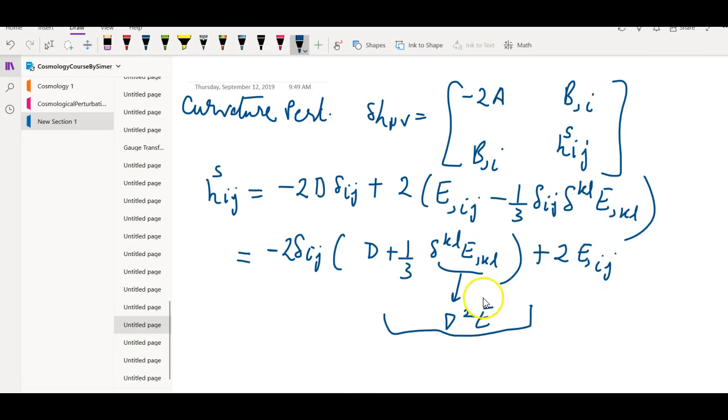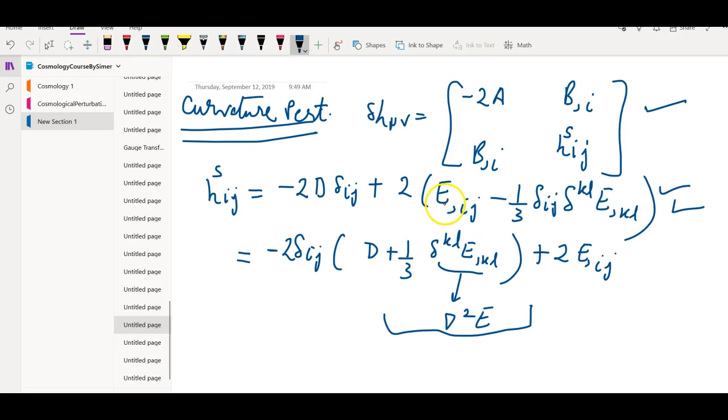So let me go over these straightforward simple calculations. We have delta H mu nu, which we have seen, and we have also seen that the scalar part is given by this Hij scalar.